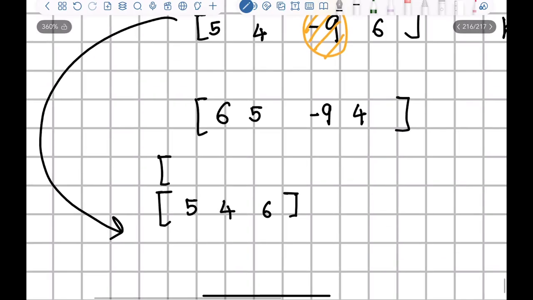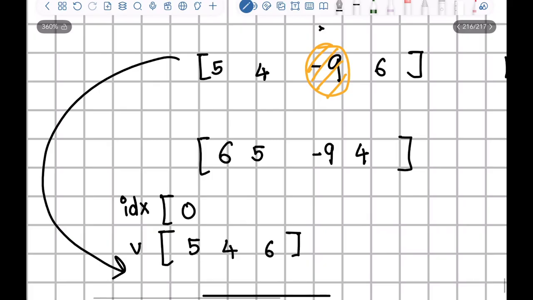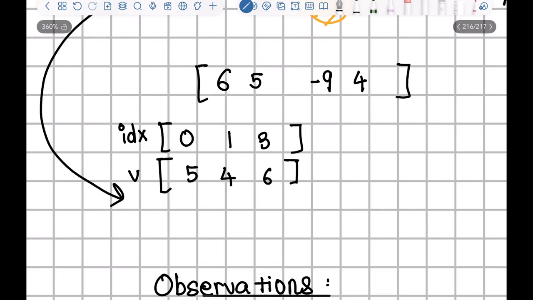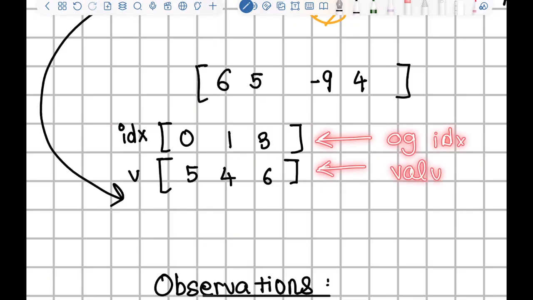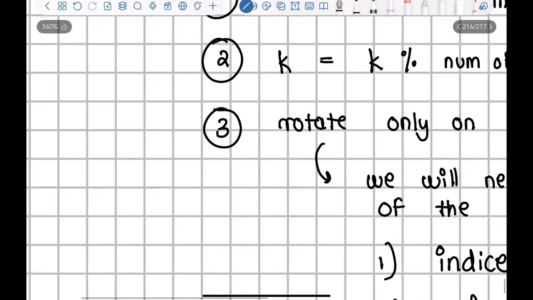Okay, so if this was my values and these were my indices, so this was at index 0, 1 and 3, right? So what we are doing is we are rotating the values and we are placing them back in their original indices, right? We are rotating just the values. Listen to it carefully. We are rotating just the values and we are placing them at their original indices.